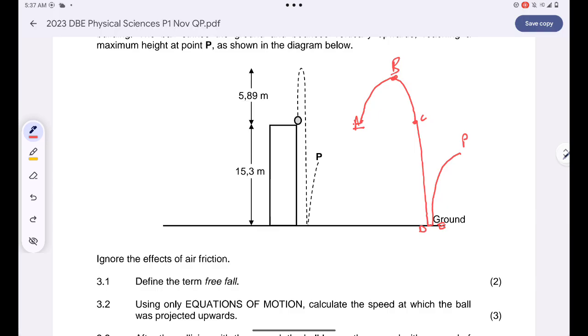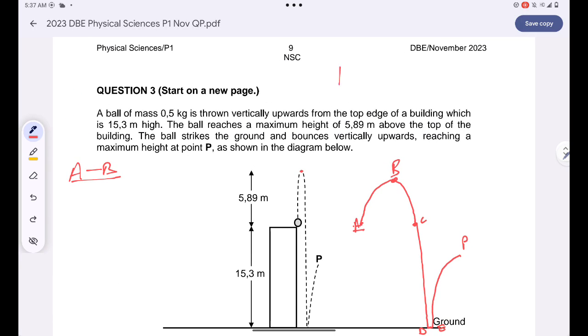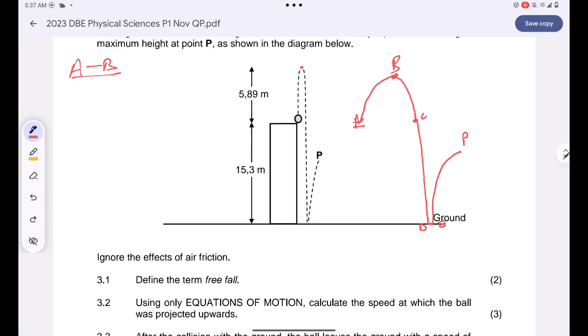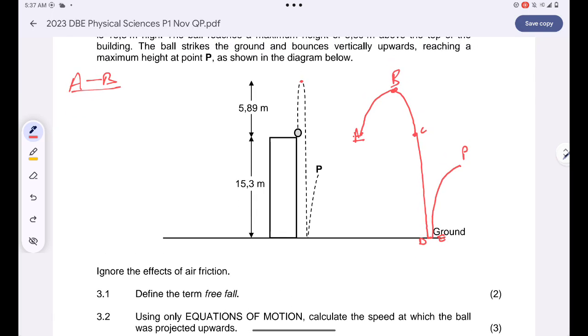I do know information from A to B. Remember that B is at maximum height. If I'm taking upwards as positive, please state as well, guys, on your answer sheet that you have taken up as positive. I don't know the initial velocity at which my ball was projected, and I know that the final velocity of my ball will be 0 meters per second.